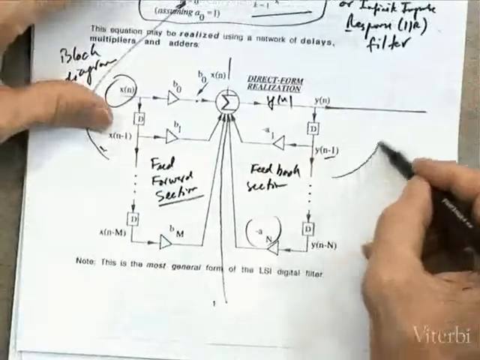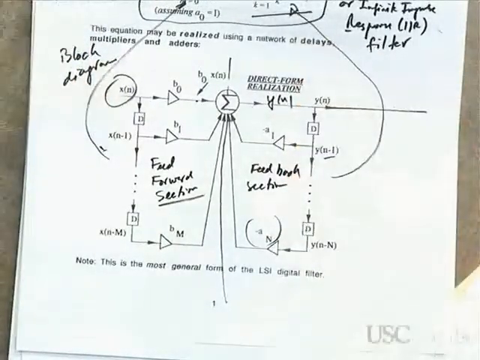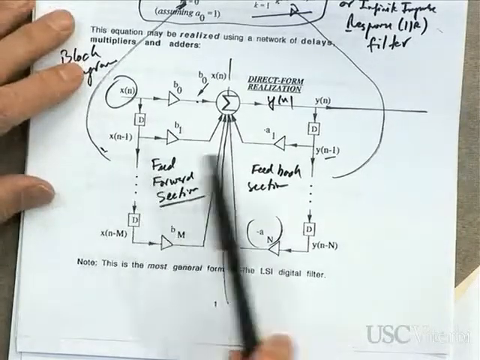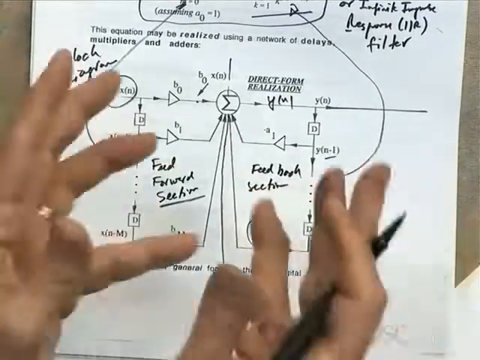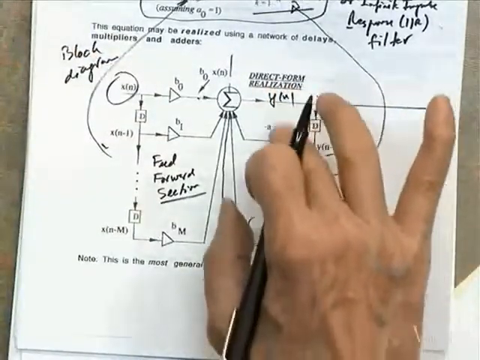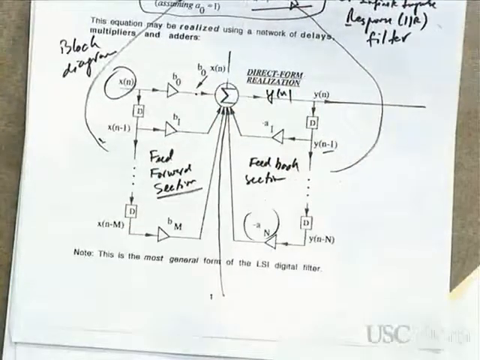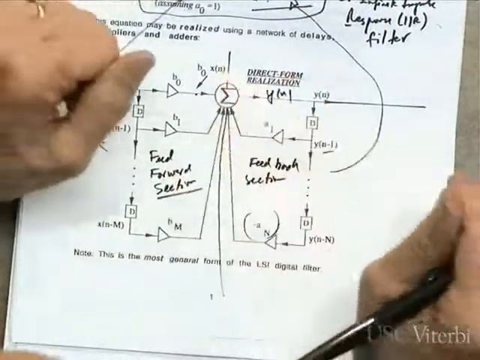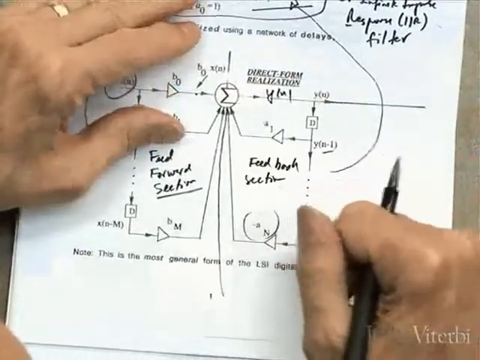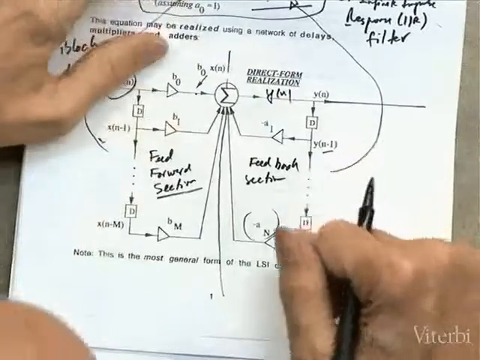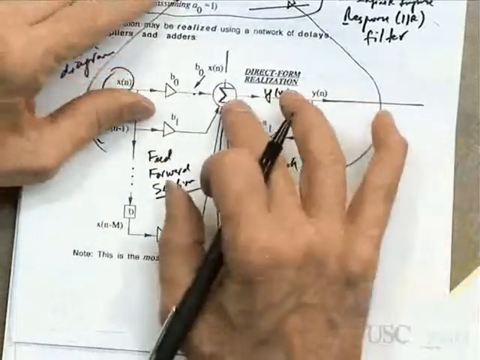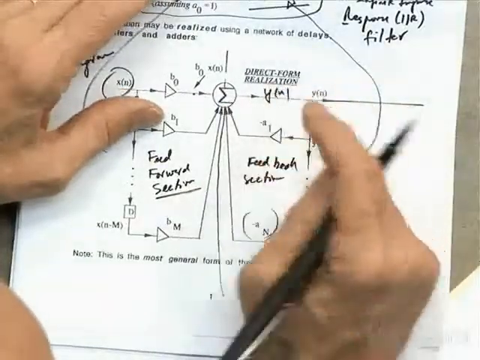And this section is this part of the difference equation. So that's the feedback, that's the feed forward, and all the outputs from here, here, here, they all get added together in this big summation block. The delayed outputs get added in, and the inputs get added in, and they all produce the output y of n.